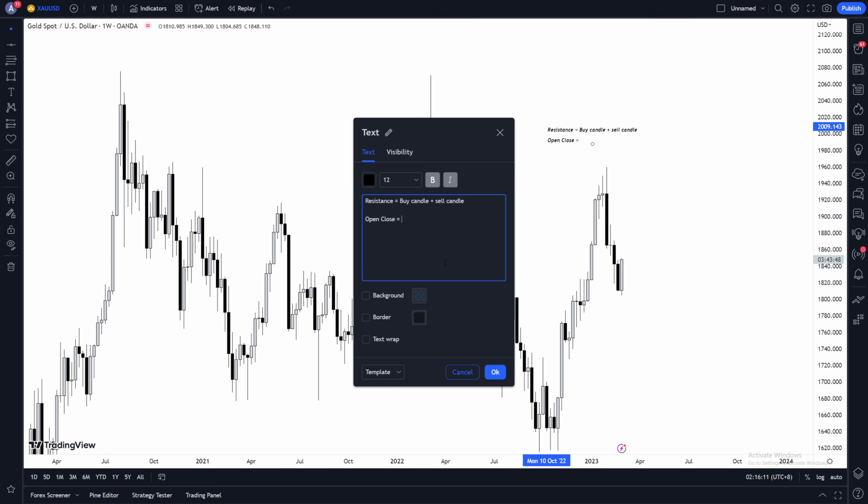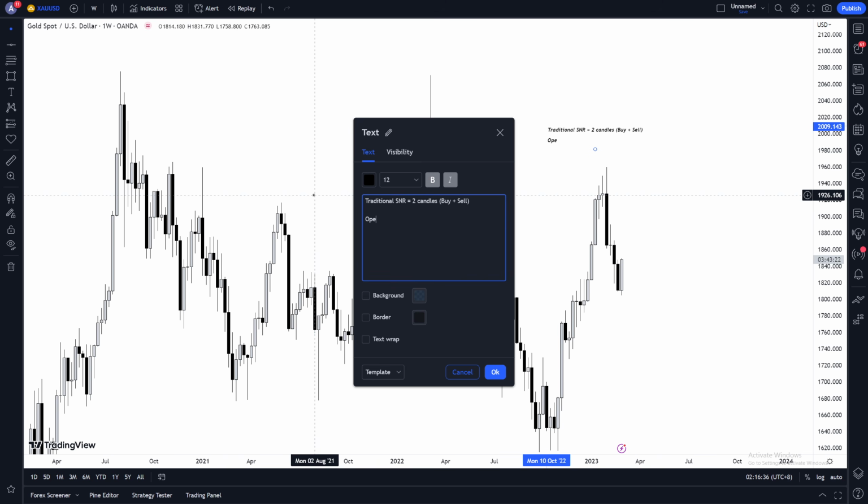So resistance and support, let me write this again. Bear with me, guys, it's late. Traditional SNR, two candles, buy plus sell.